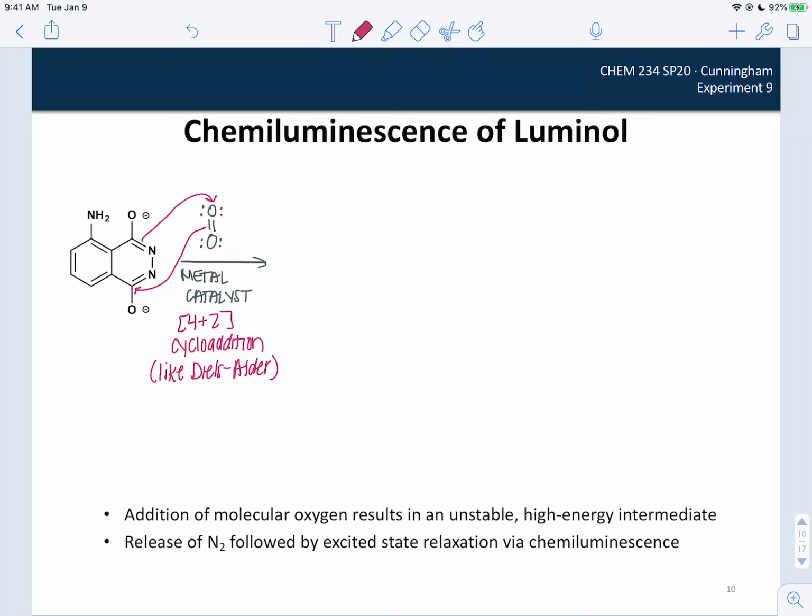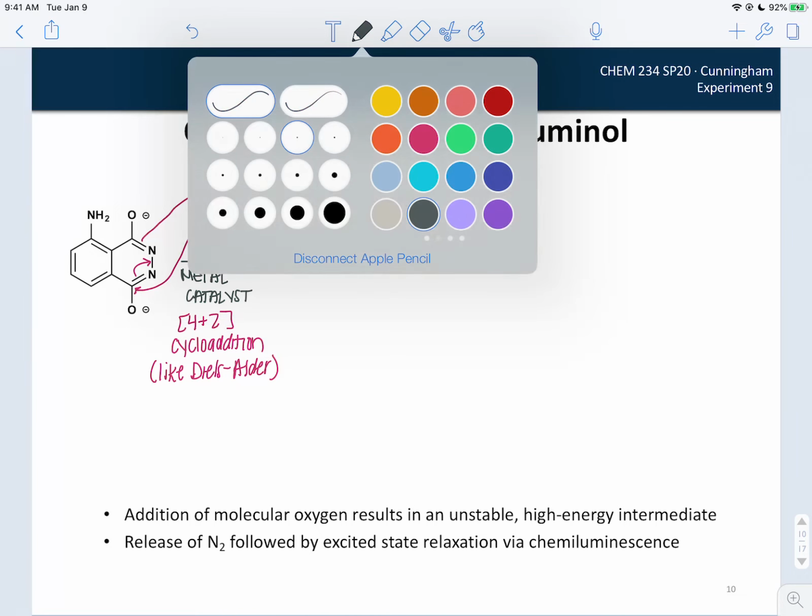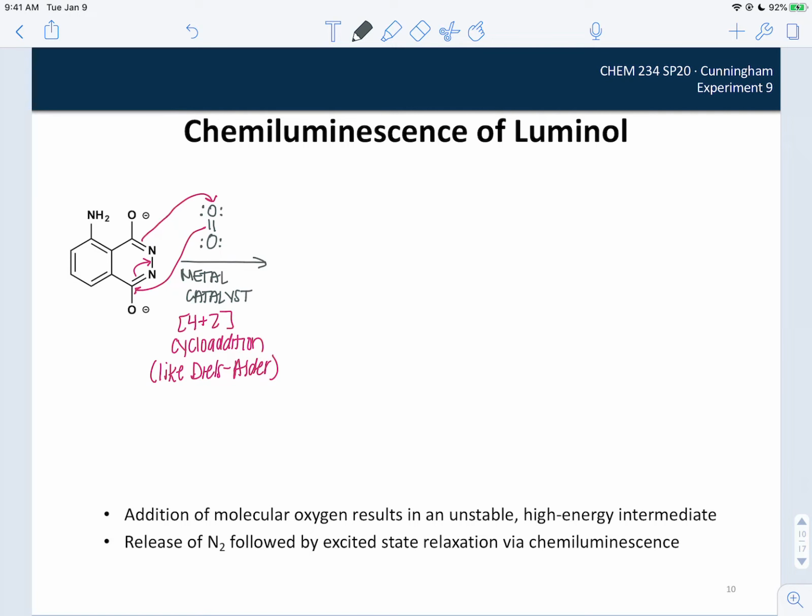And then the double bond electrons between our carbon and our nitrogen are going to shift to form a double bond between nitrogen and nitrogen. So this process, lots of arrows, it's a concerted process, 4+2 cycloaddition.